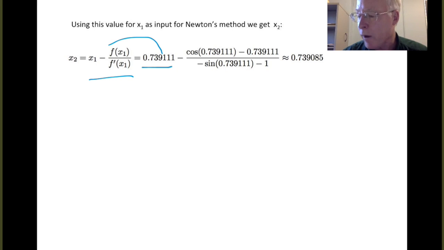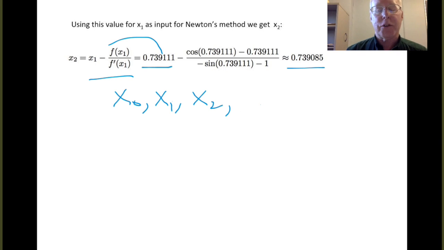And here's the f prime, the minus sine x minus 1, again with the x1 value put in. Again, my calculator said this came out to be about 0.739085. So we have our list, x0, x1, x2. We could keep going on, but we're not. We'll just see how we're doing up to this point, but you could certainly go on and get x3 by using the x2 as input into Newton's method.